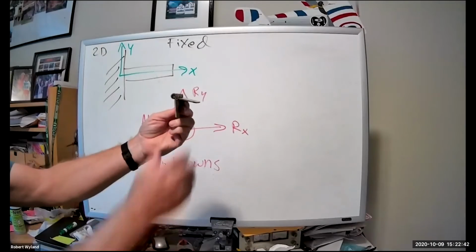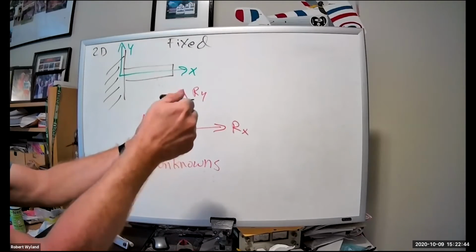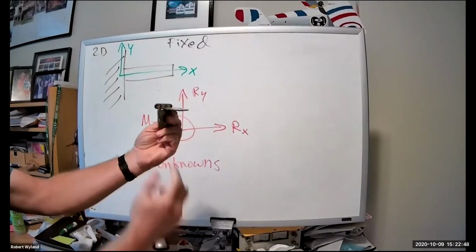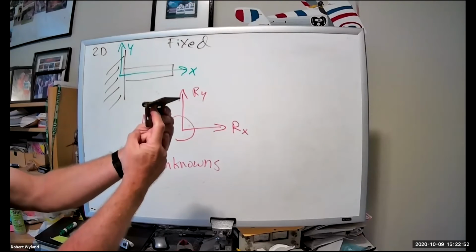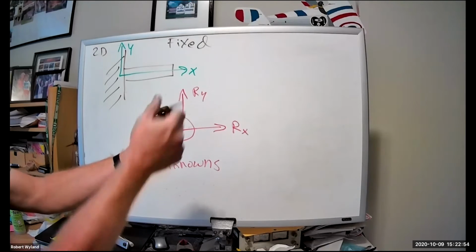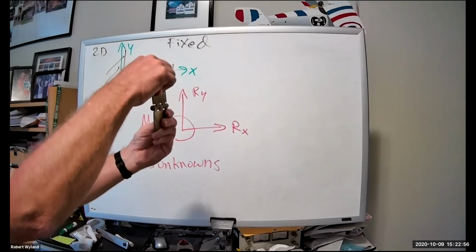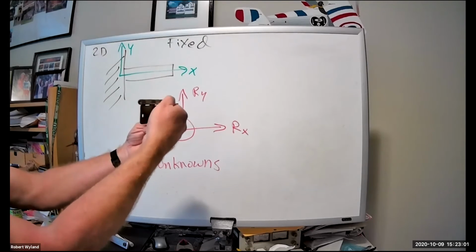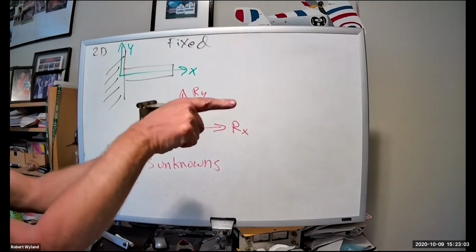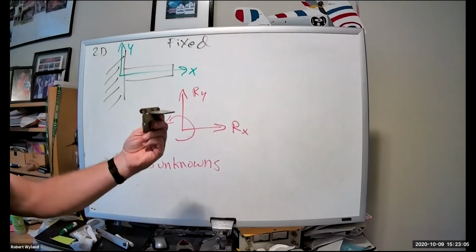Let's call this one fixed here down low, and we're pushing this way. If I pushed up, you see it's rotating, but that's a moment. If I were to try and pull straight up on it, or literally lift straight up, it wouldn't move. And so I'm getting a reaction in the X and in the Y.